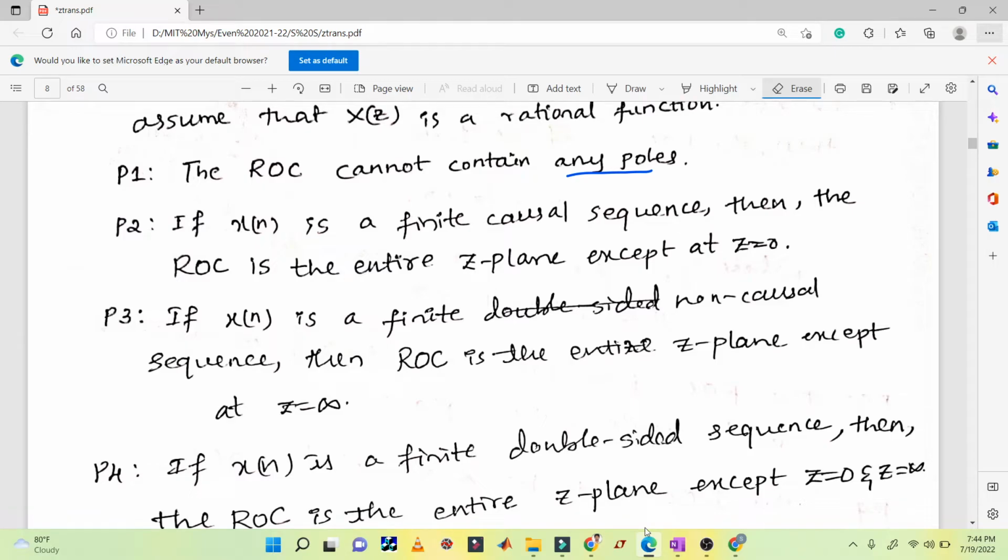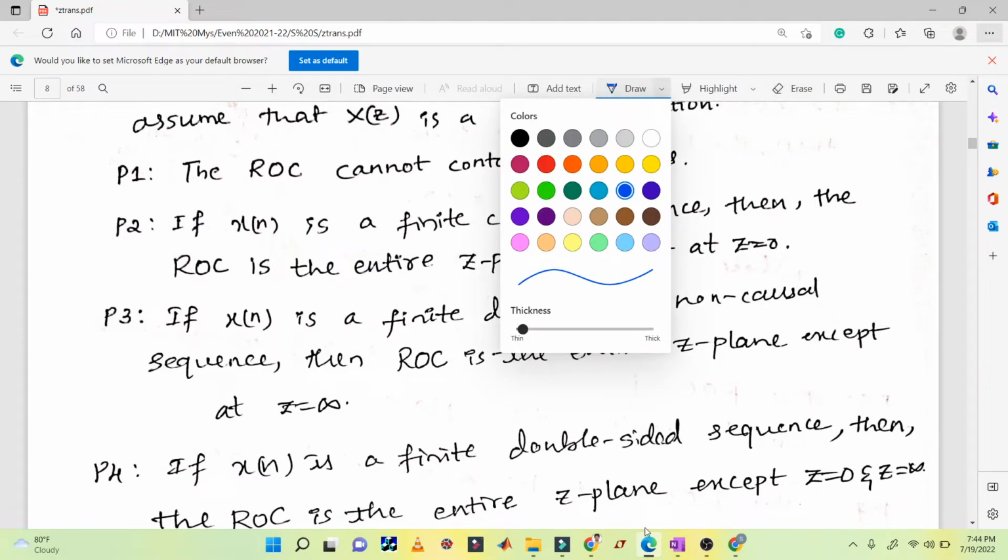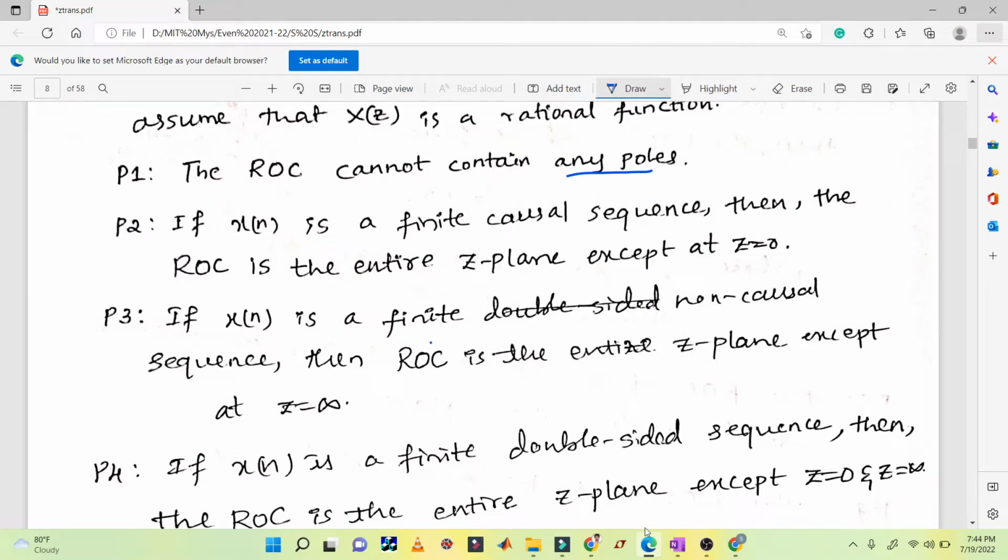Second property is, if x of n is a finite causal sequence, then the ROC is the entire z plane except z is equal to 0. So this you have already seen for a u of n.